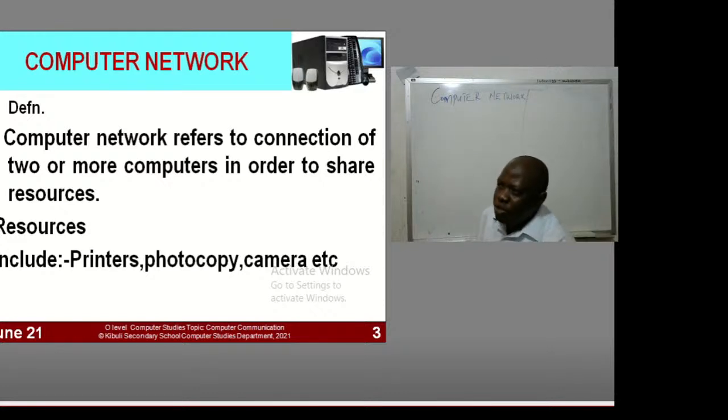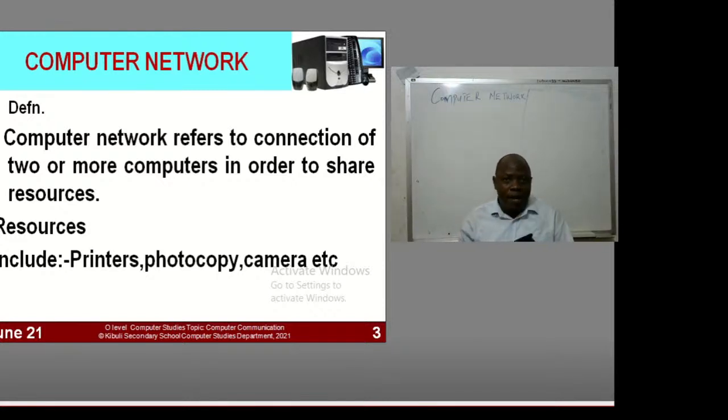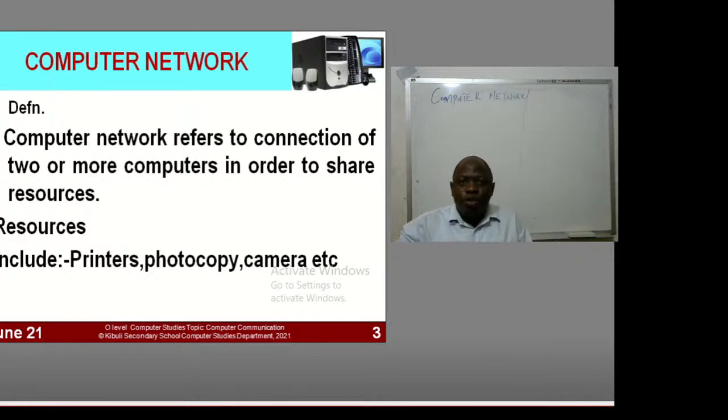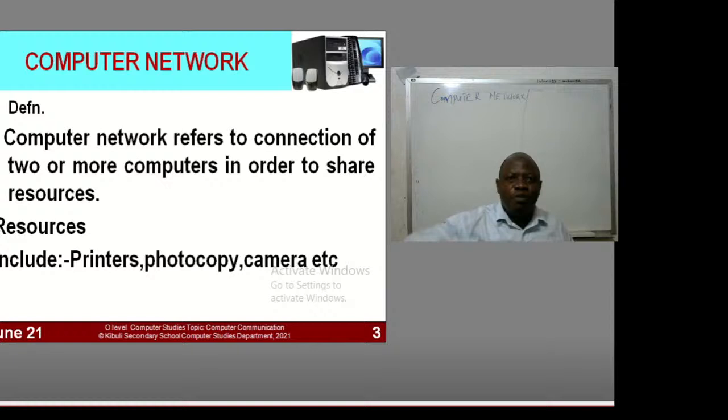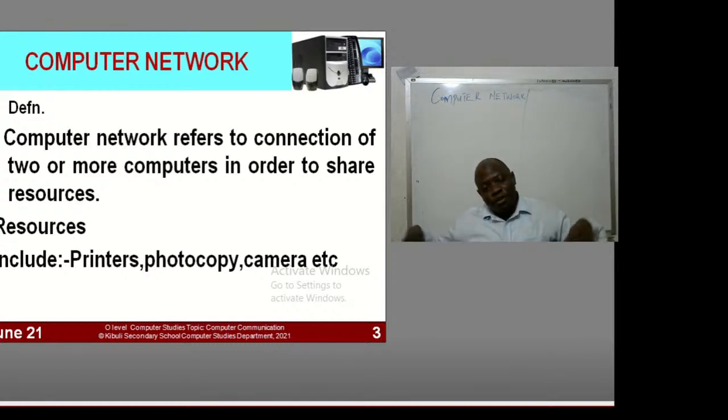For example, you get your smartphone, you have a music file, but you want everybody in the house to hear. So you connect the Wi-Fi, or the Bluetooth of the television set to your phone, and then you play this music. It will be played on the screen. Again, you are connecting in order to share that resource. You are sharing the resource with the family.